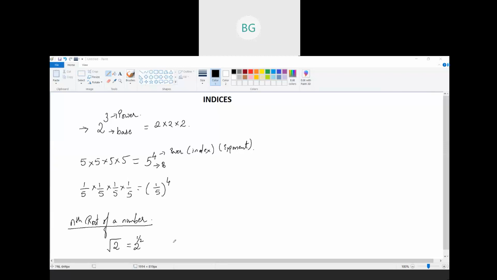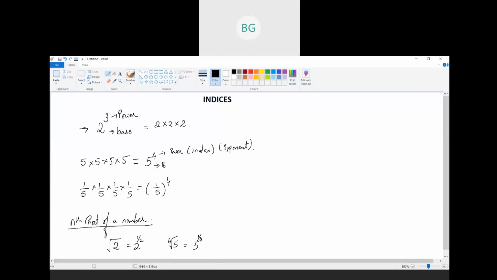Similarly, if I have the fourth root of 5, we can write this as 5 with the power 1 by 4, because here the root value is 4.